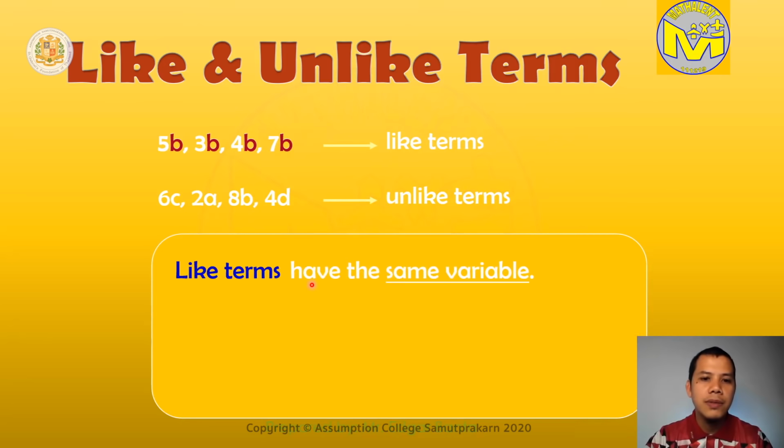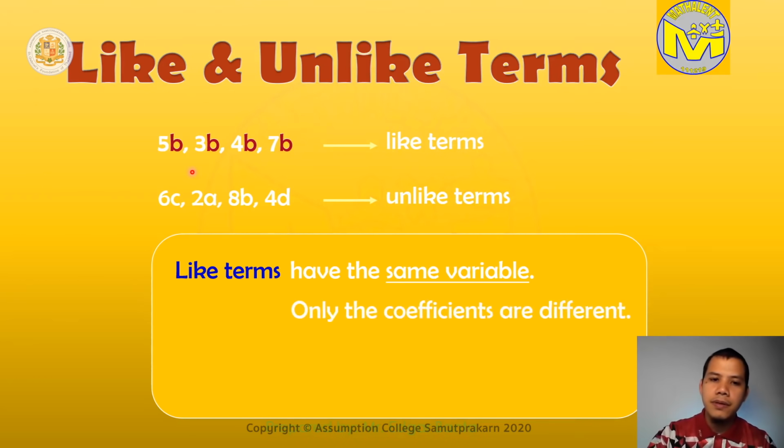When you say like terms, they have the same variables. Look at that. The variables are b, the same. B, B, B, B, like terms. Only the coefficients are different. So we have 5, 3, 4, 7.